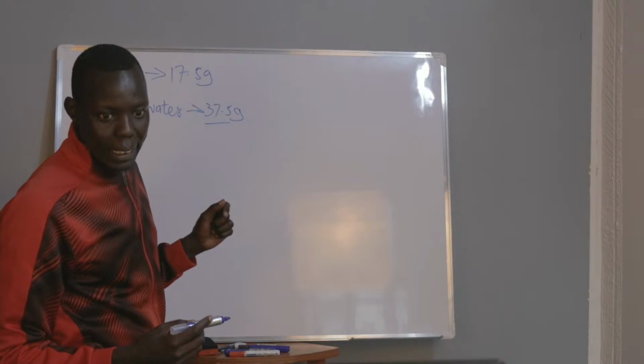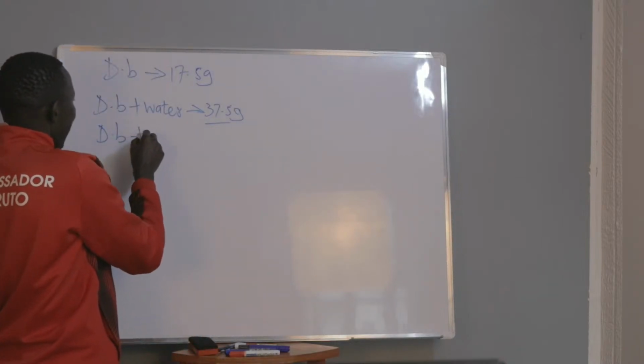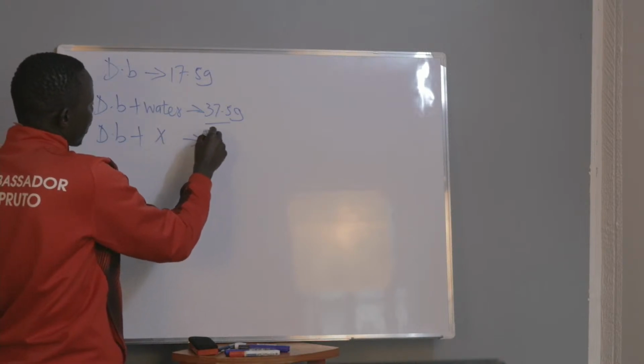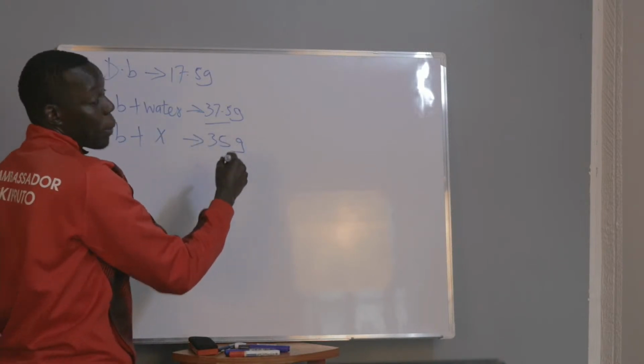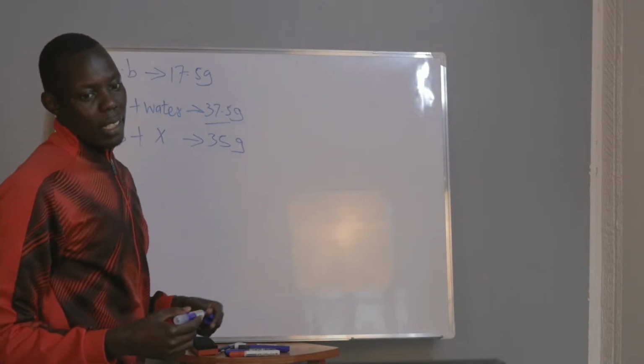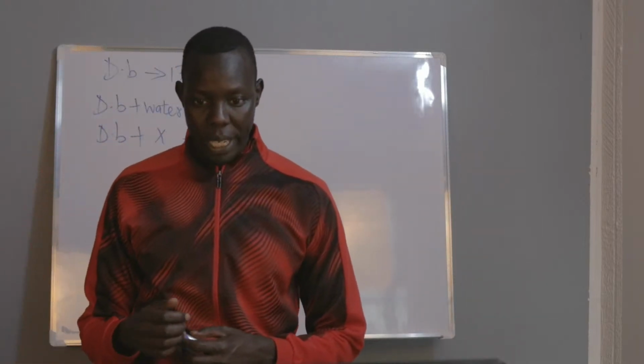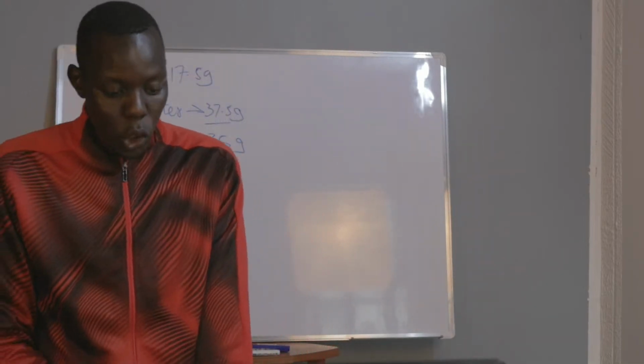When full of liquid X, its mass is 25 grams. So density bottle plus liquid X is 25.0 grams. Then, if the density of water is 1 gram per centimeter cubic, calculate the density of liquid X.